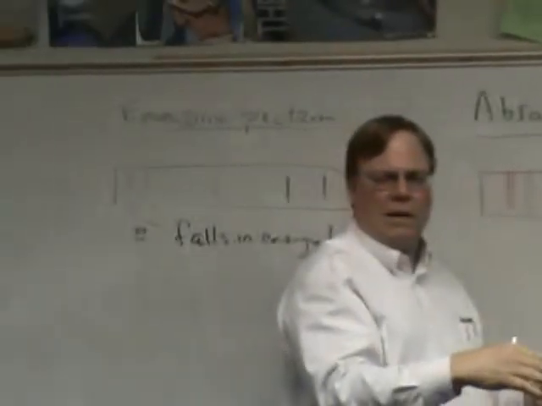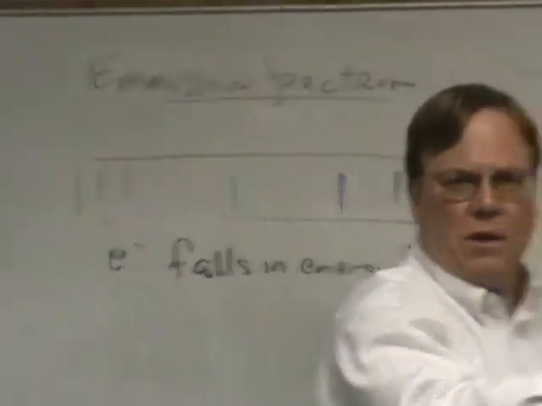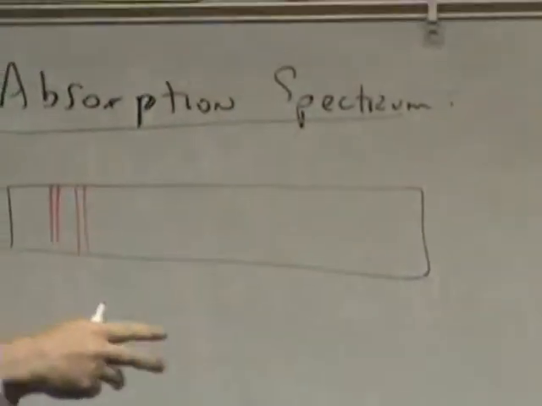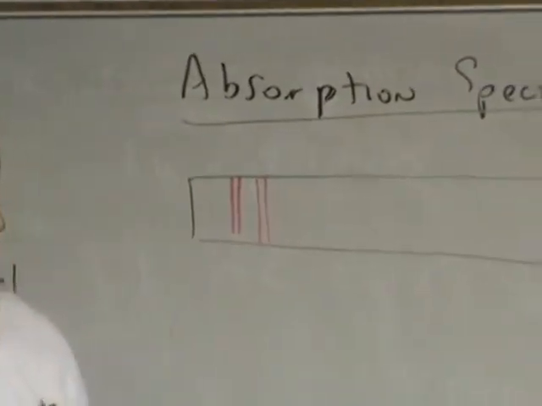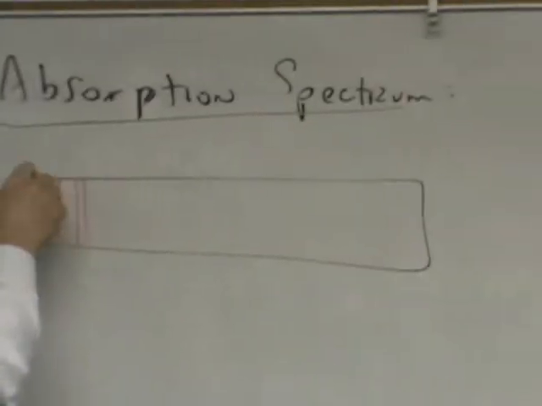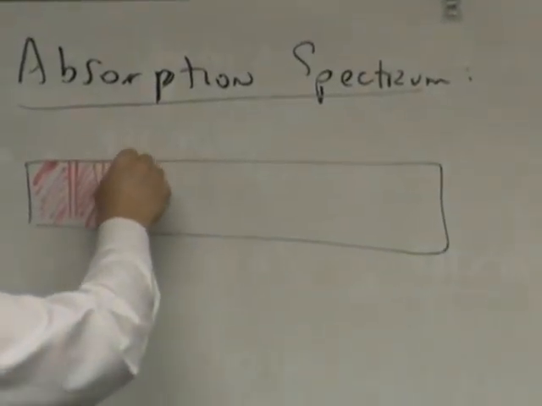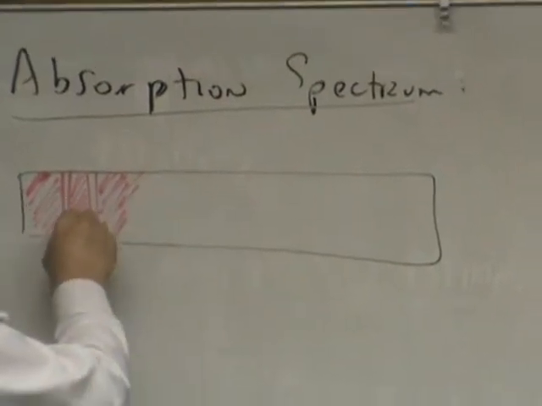I mean, if you drop from one energy level to another energy level and give off a photon of a certain energy, then to rise up to a higher energy level, you must receive a photon of that same energy, correct? So your absorption spectrum is going to look like this. You're going to have all of your red except those two frequencies that it absorbs.